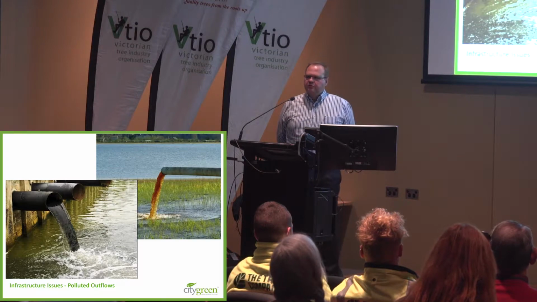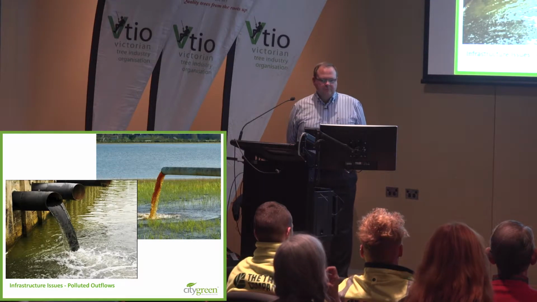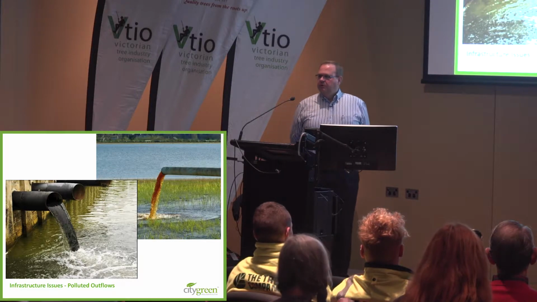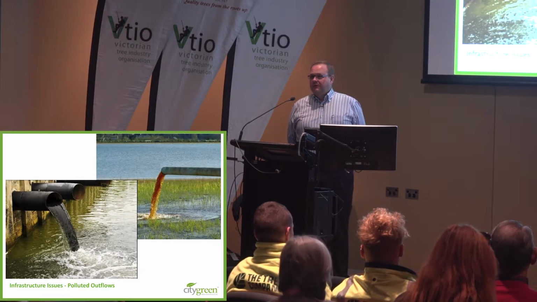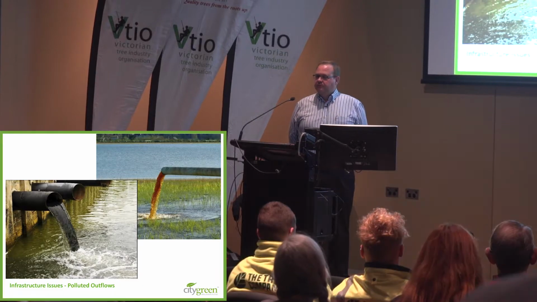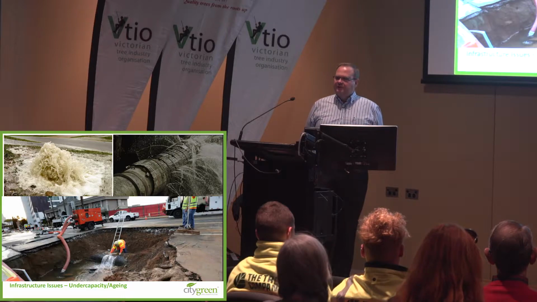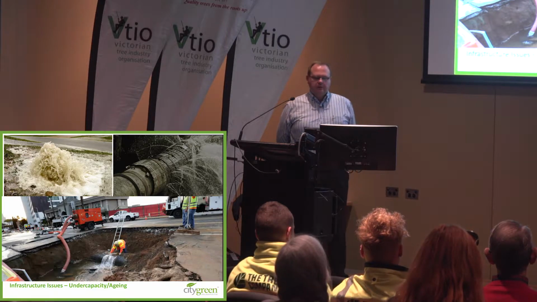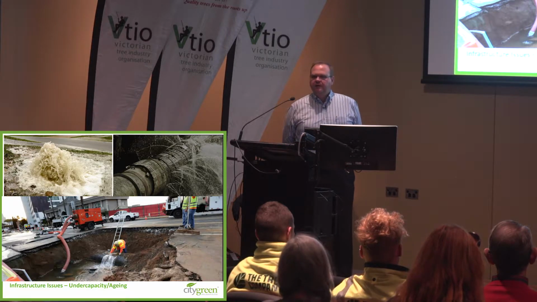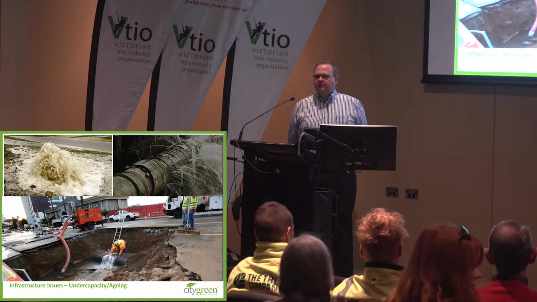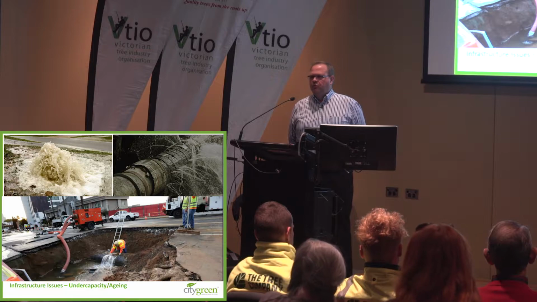We've got issues with polluted outflows. So our stormwater is being polluted, and trees can have a measurable part to play in mitigating that. A lot of our infrastructure is ageing. So we've now got situations where the consent authorities are saying to developers, we can't handle your stormwater.